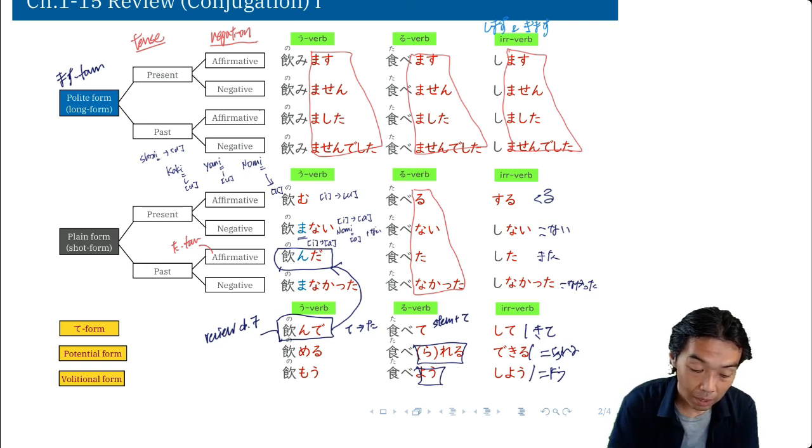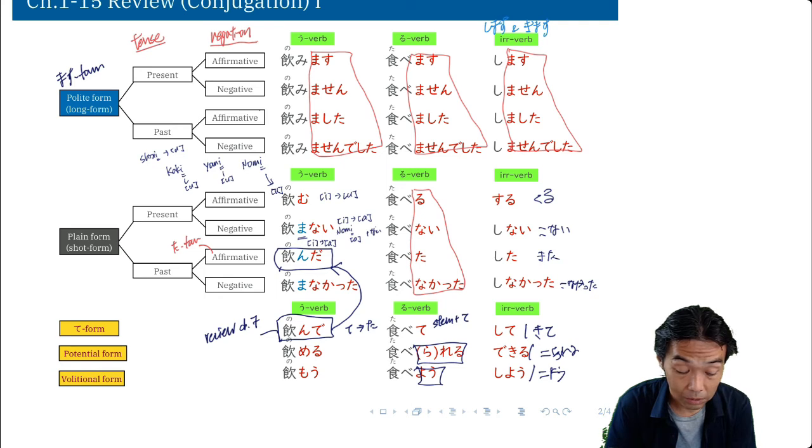And then in a way, you're gonna start seeing some pattern by now once you start the potential form and volitional forms.